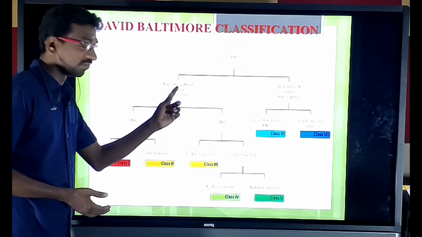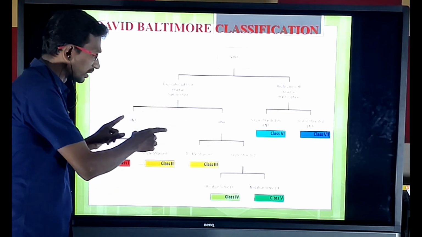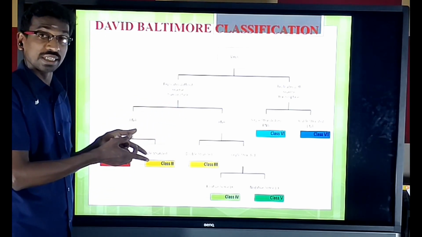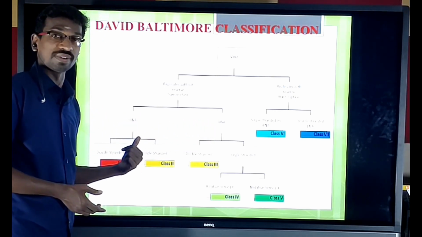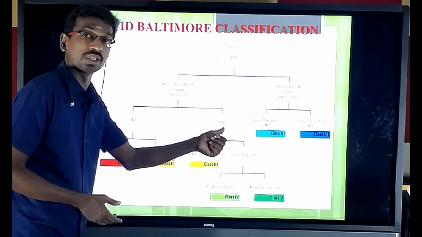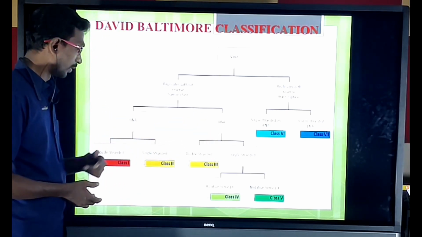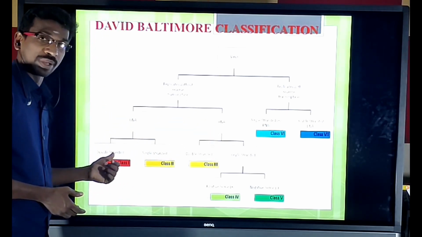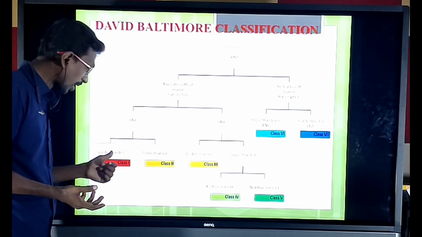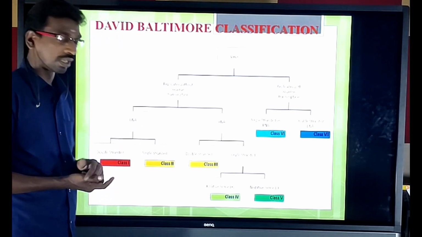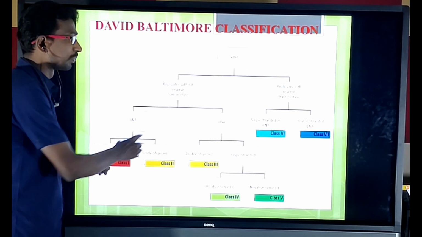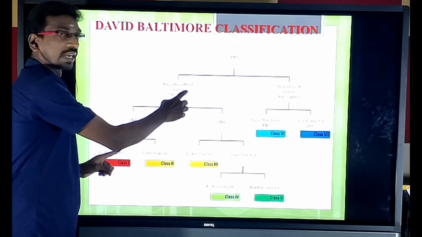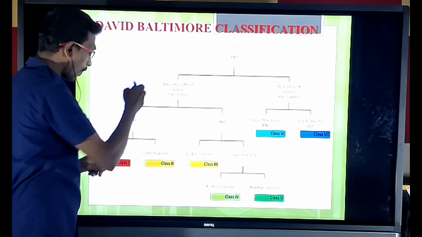Among those that replicate without it, the viruses contain either DNA or RNA, that is deoxyviruses or riboviruses. The DNA virus genome may be double stranded or single stranded. So double stranded DNA without using reverse transcriptase comes under class 1.